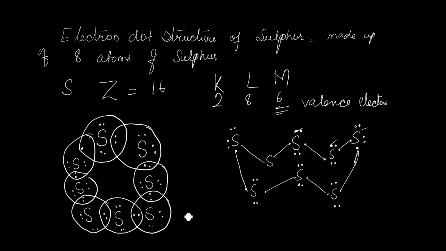So this is the electron dot structure of the sulfur. So it's very easy. If you feel that it is hard to draw the electron dot structure, then first you draw the structural formula, and on that basis see the valence electrons, and on that basis you can make the electron dot structures.